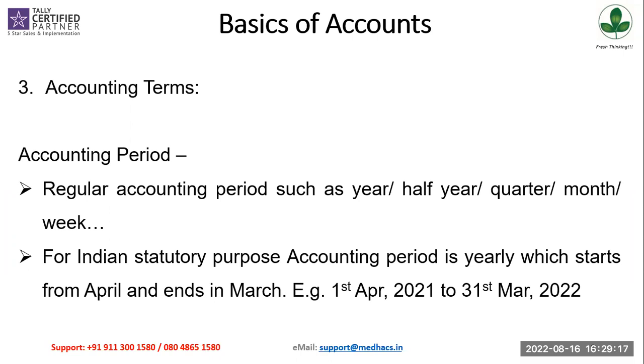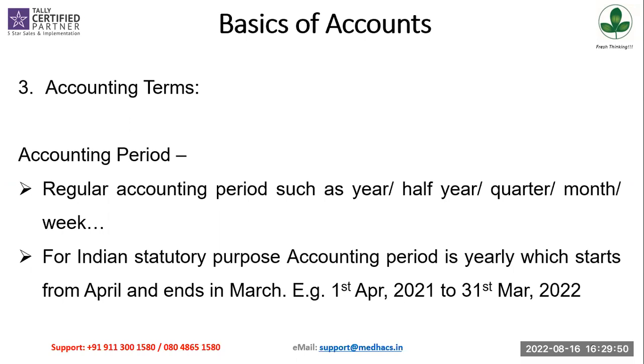But as we follow the Indian statutory norms, we should understand what the law says. According to Indian statutory norms, the financial period for all the entities that operate in India has been specified: the financial year starts from 1st of April and ends on 31st of March. So it is one financial year.